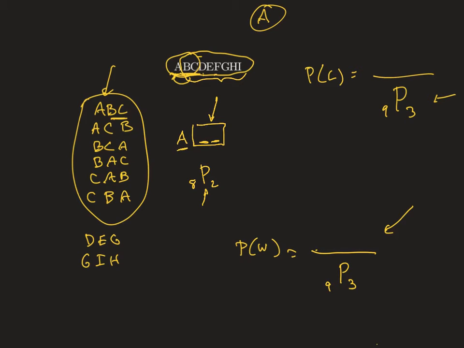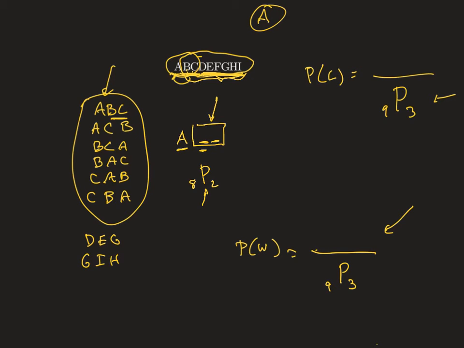But that's A in the first position. So 8P2 is all the different ways to choose any 2 letters that aren't A to go along with this A. Let's say I choose B and C, and then all the different combinations of D, E, F. And that's with A in the first position.